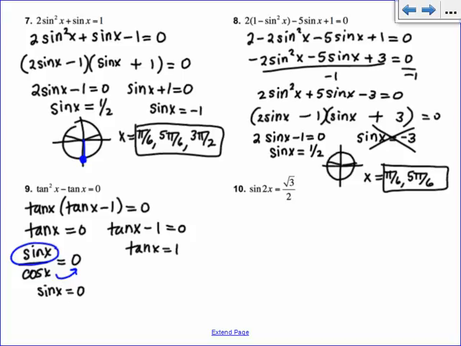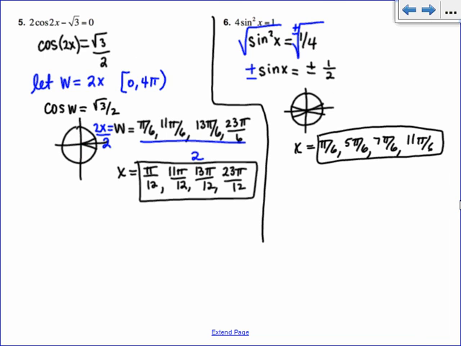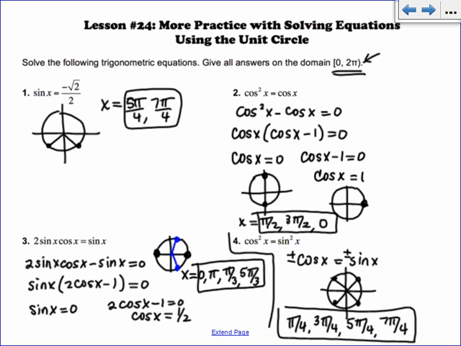We know that sine of x is equal to 0 here and here. So we're going to say at x equals 0 and pi. You could say 2 pi, but since the interval is 0 to 2 pi with a parenthesis there for the 2 pi, we don't actually need to include it. It's not in the domain.